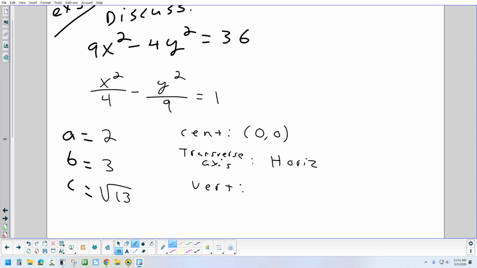Vertices. Where are my vertices going to be?